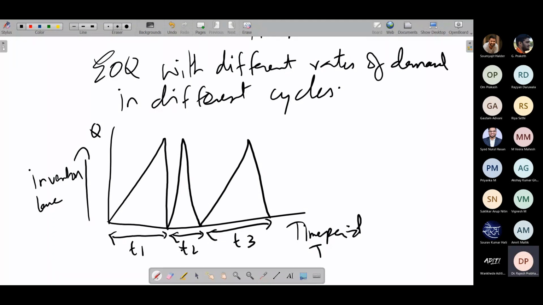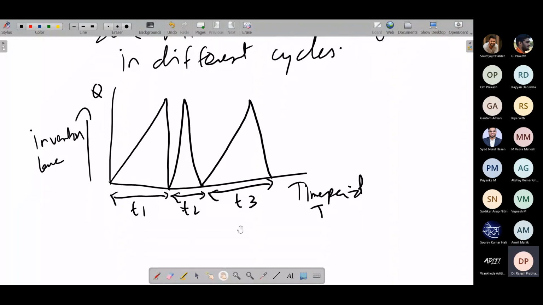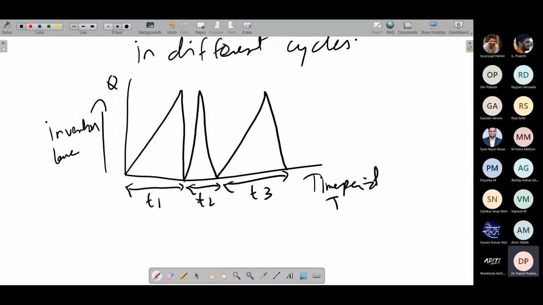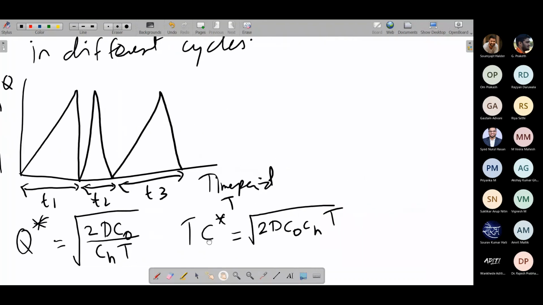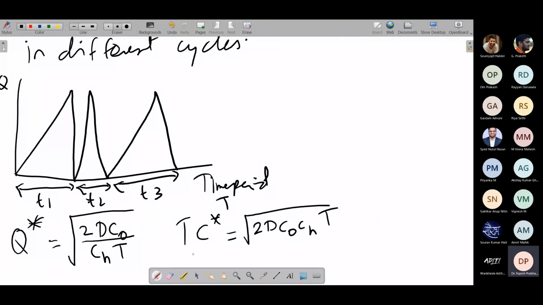Okay, so when you have this scenario of differential demand with different time limits, the formula for economic order quantity Q star is equal to root of 2 into D into CO divided by CH into T. And total inventory cost would be root of 2 into D into CO into CH into T. And this is your total inventory cost.